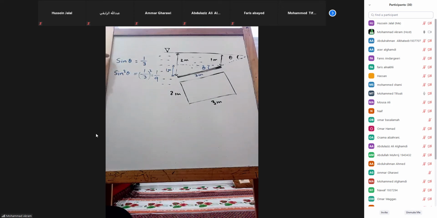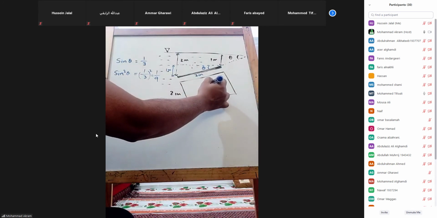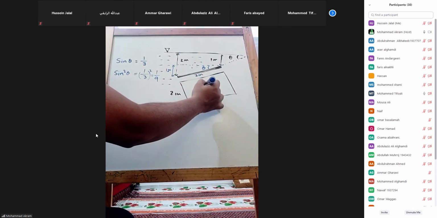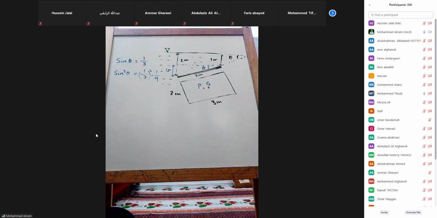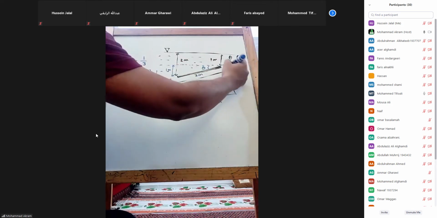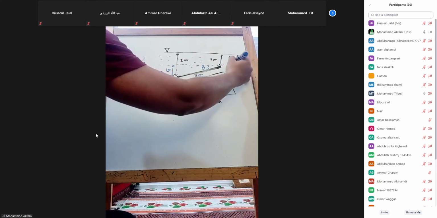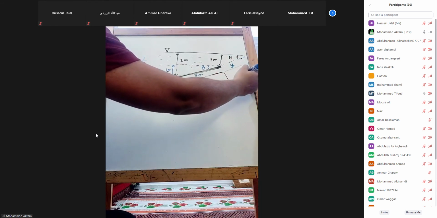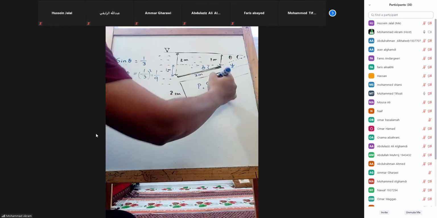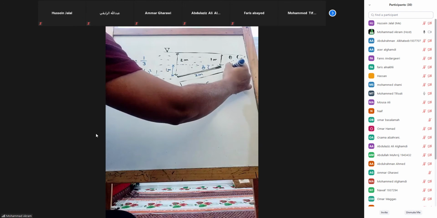Now, can you solve this now? So we need to get the G value. We need the P position. So if we start from this, we say this point is Y. This is Y bar.